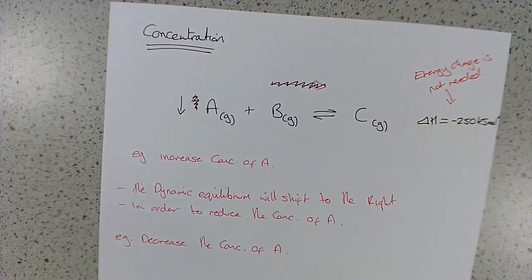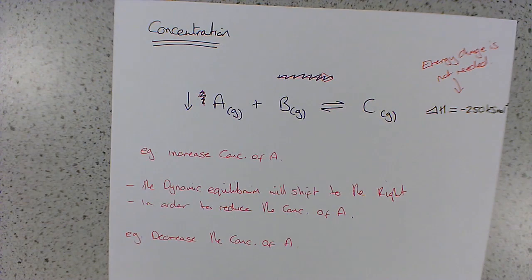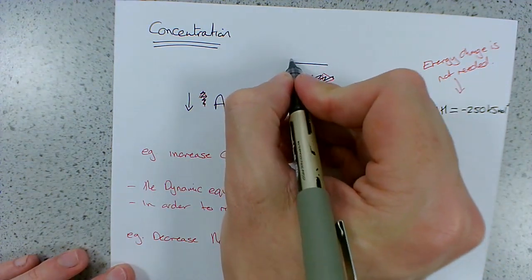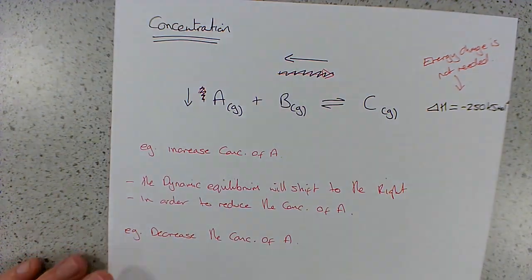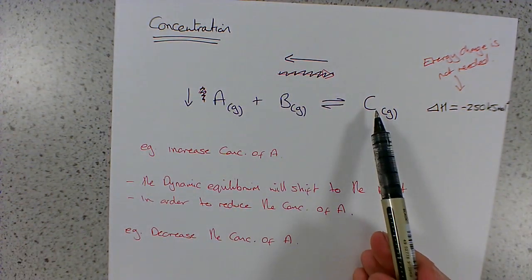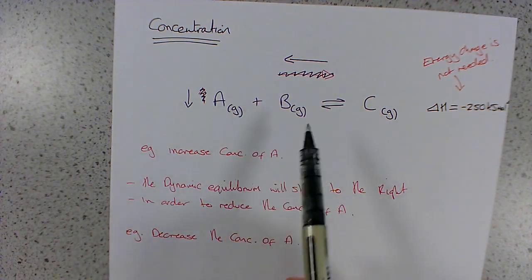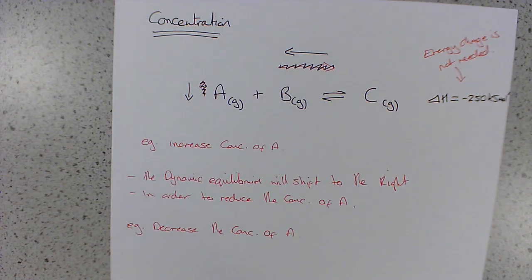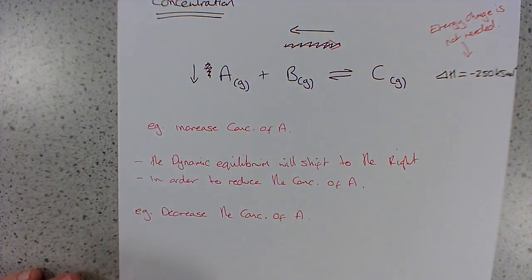Well, the dynamic equilibrium will shift to increase the concentration of A. So it will do the opposite. This time, it will shift to the left-hand side. Because by shifting to the left-hand side, it can break down C to produce more A and B. If it produces more A, it will increase the concentration and it will counteract my change.